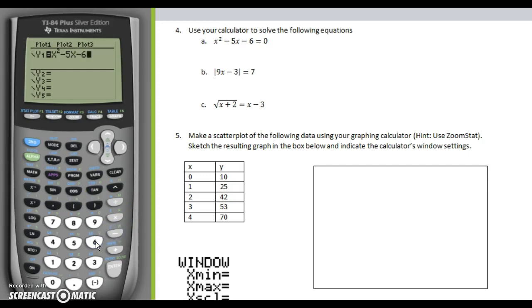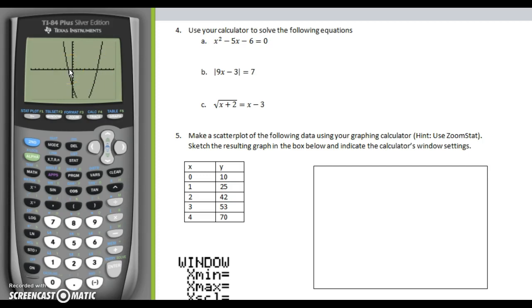And once we get that in there, we want to graph it, and we want to make sure we set the window so that we can see where the graph crosses the x-axis, because the x-intercepts are going to be the solutions. So I'm going to do zoom 6, which is your standard, just for starters, and we'll see how that looks. Now, you see right here and right here where it crosses the x-axis. Those are going to be the solutions.